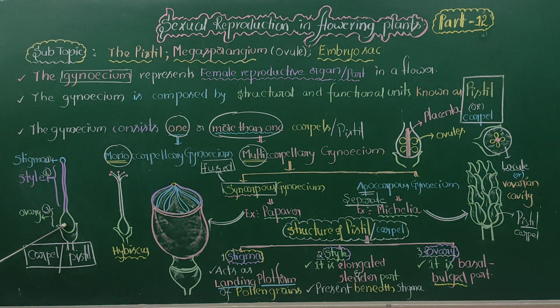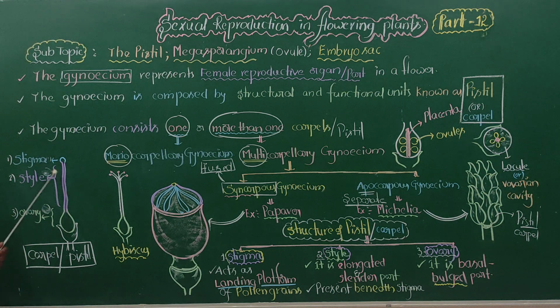Then the lower bulged part is nothing but the ovary. These two are connected by an elongated slender part, nothing but the style. Top to bottom, the numbering is 1, 2 and 3. These three collectively are called the carpel.